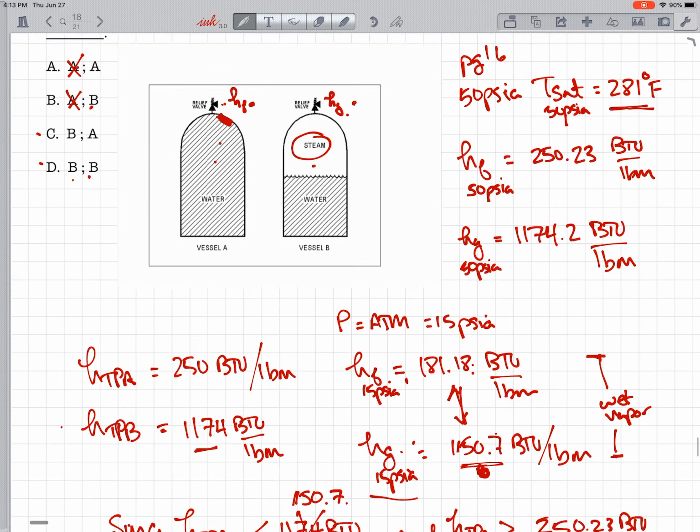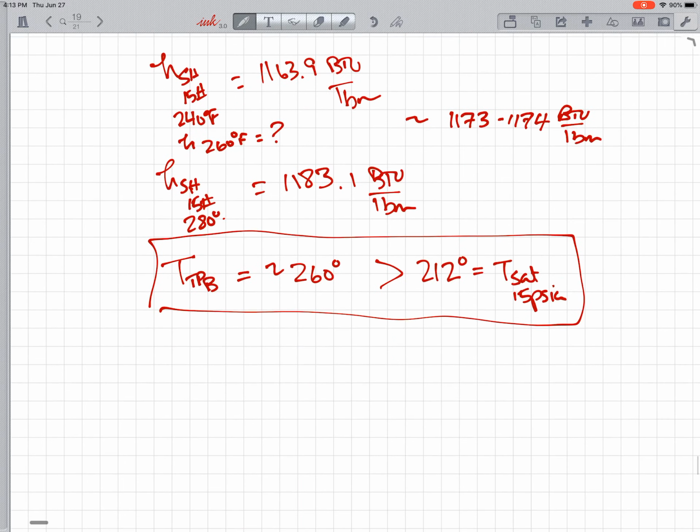So a better way to put it is look up the specific volumes. The specific volume of water at 50 psia, and I'm looking on page 16, is going to be 0.017268 cubic feet per pound mass.